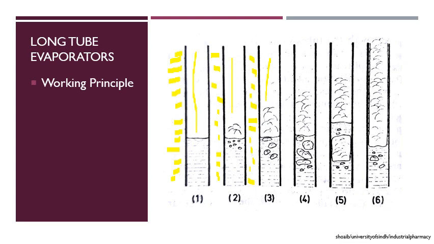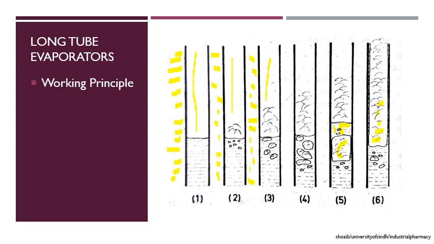In tube number 5, the larger bubbles and the smaller bubbles combine to form a larger bubble, and eventually a thin layer is formed. Eventually these bubbles will burst and form thin films.